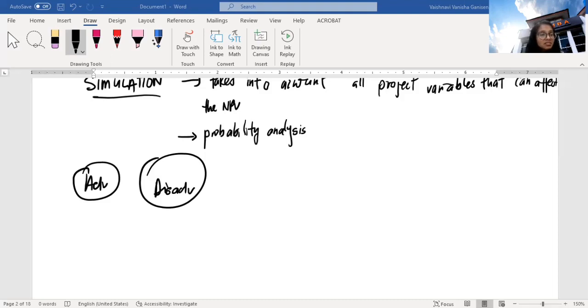It is expensive for the company to set up this simulation model. And remember, when you calculate the probability, it is subjective. So when it is subjective, you may find it difficult to formulate this probability analysis.